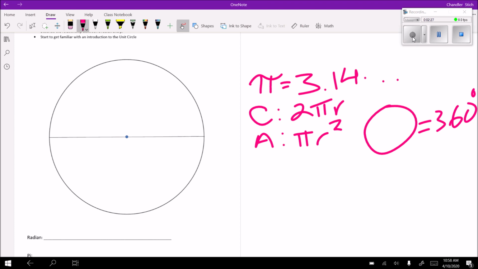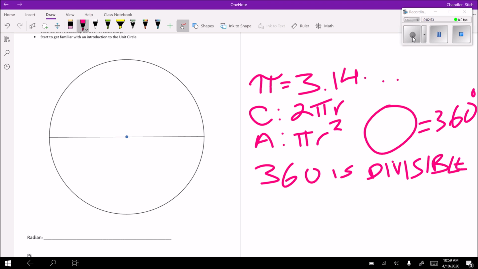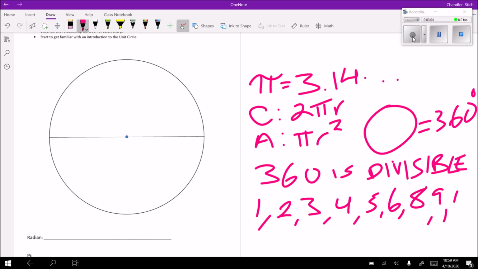First off, one of the biggest historical ideas is that 360, and it seems easy, 360 is divisible by a lot of numbers. So 360 is divisible by 1, 2, 3, 4, 5, 6, not 7, but 8, 9, 10, and so on, right?